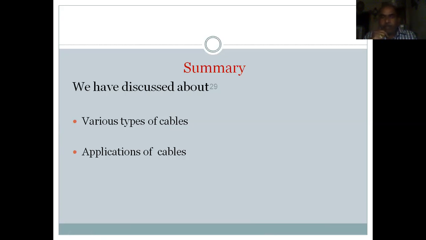In summary, we have seen LT cables, HT cables, supertension cables, belted cables, and coaxial cables, and what their construction, function, merits, and demerits are. We also saw the factors to be considered for manufacturing cables: the voltage requirement, the current capacity, the temperature, and the desire of the customers.